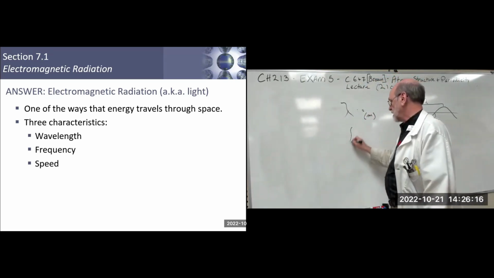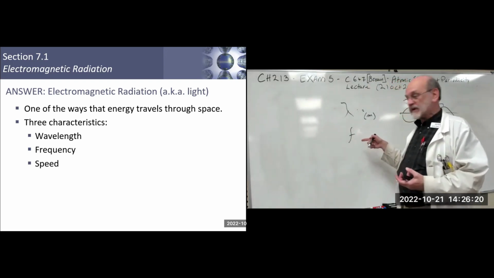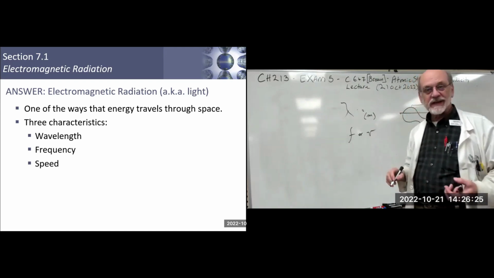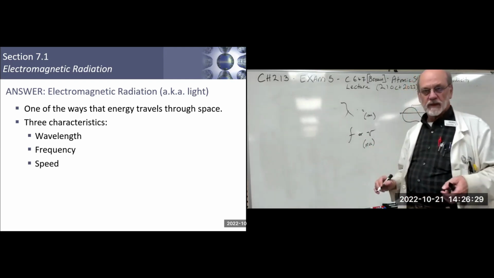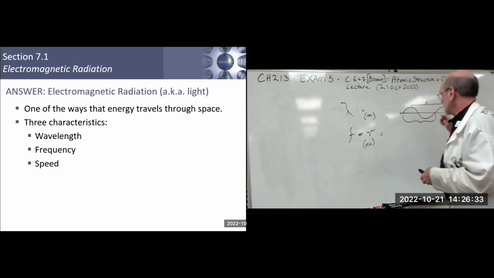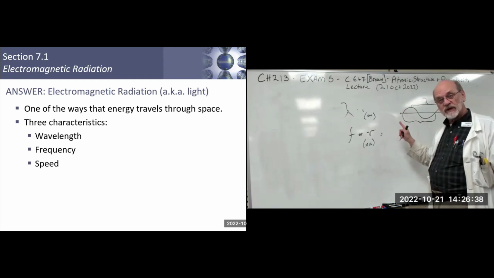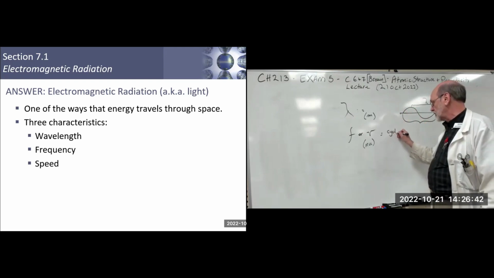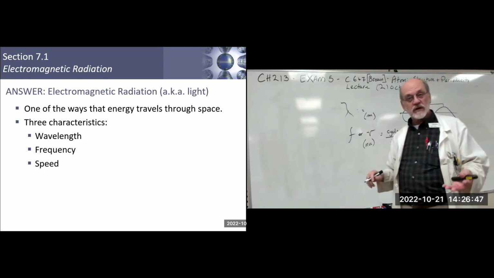Frequency. It's often given that kind of a curly f, but it can also be that Greek letter. It's called nu. That's frequency. Frequency is the number of wavelengths that pass a fixed point in 1 second. So often we call it cycles per second. But cycles is not a unit of measure.